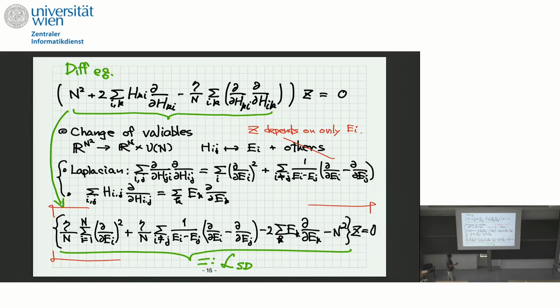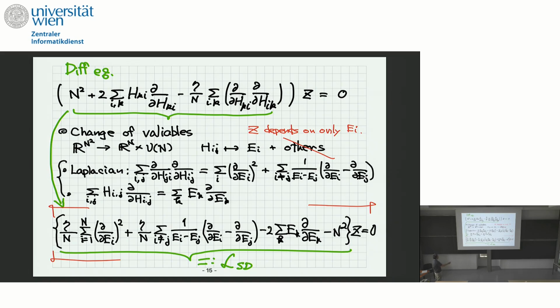Next, we return to the original variable Ei. So this Laplacian is represented by using Ei, this differential operator. And this term is also like this. Of course, there are some other terms, but the partition function depends on only the eigenvalue, so we can ignore the other terms.